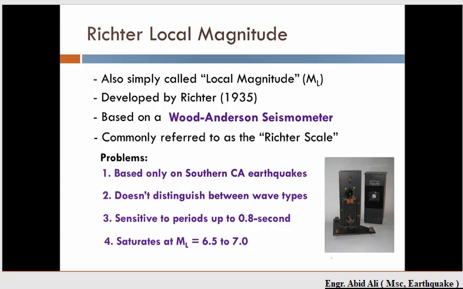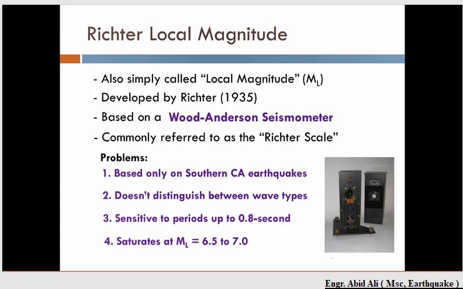There were lots of problems with this method, and it's probably one of the biggest reasons we don't use it. First of all, Richter developed it only for Southern California earthquakes. The Wood-Anderson seismometer was calibrated just for earthquakes in Southern California. So if the earthquake occurs anywhere else, they were different.